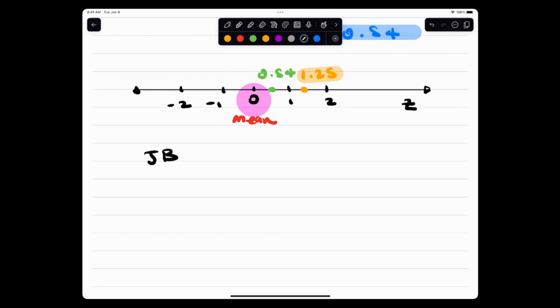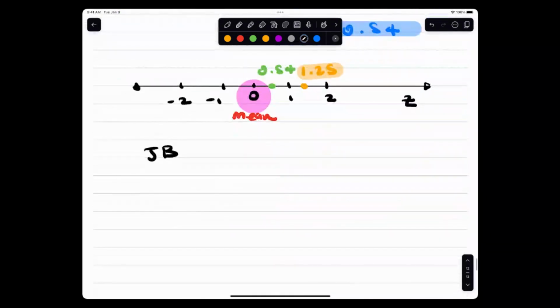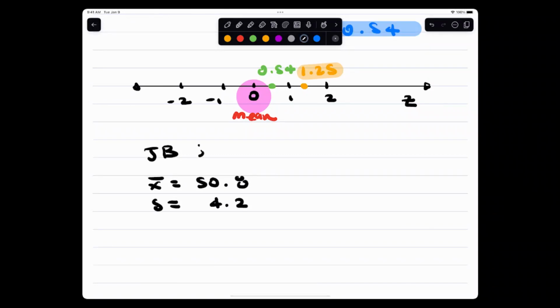Good for you. JB, Justin Bieber. Guess what? The class average is 50.8. Standard deviation is 4.2. And JB, his test score, ladies and gentlemen, is about a 58. Okay?